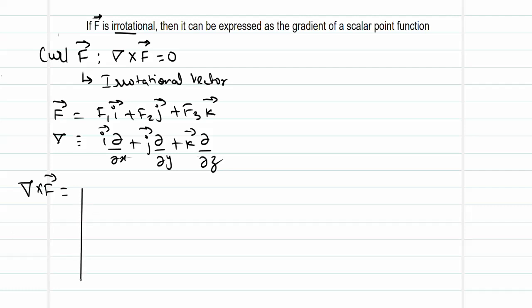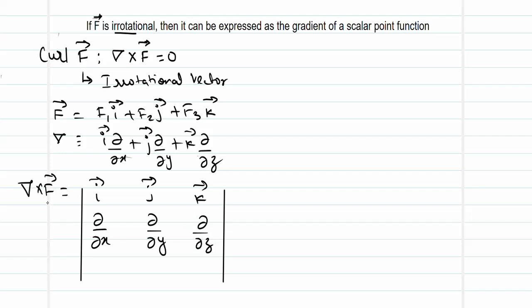You have the 3 cross 3 determinant where the first row is i, j, k. Next, from the del you take the i component, dou by dou x, the j component, dou by dou y, and the k component, dou by dou z.